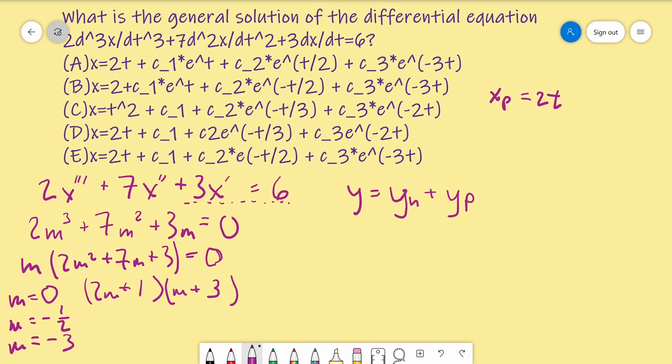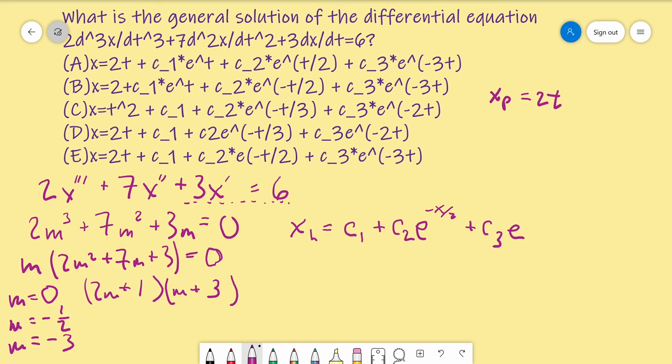So our general solution to the homogeneous equation would have to be xh is equal to, remember, c1 e to the first root, 0, times t, but e to the 0 is just 1, so it's just going to be c1, plus c2 e to the second root, which is -1/2, so I'll write -t over 2, plus c3 e to the -3t.